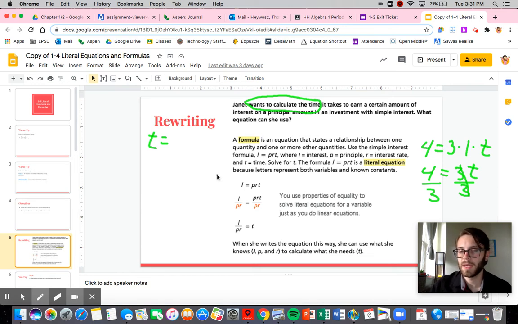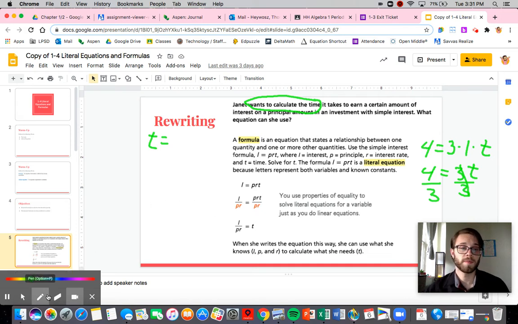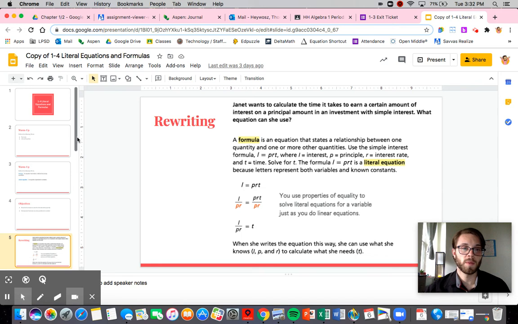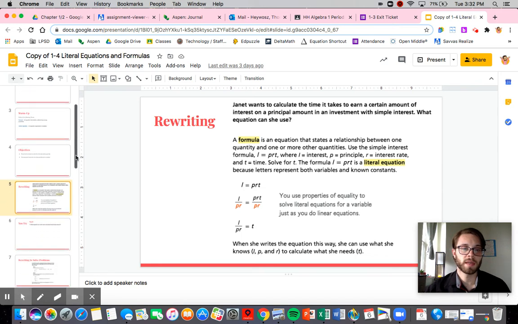And sometimes it's a little bit easier to work with the variables like this as opposed to dealing with difficult numbers, especially in something like this where interest and rates and principal amounts may not be very nice numbers. So it's sometimes easier to work with dividing out the P and the R as opposed to substituting in values for those. Okay. Let's look at one more example for today.